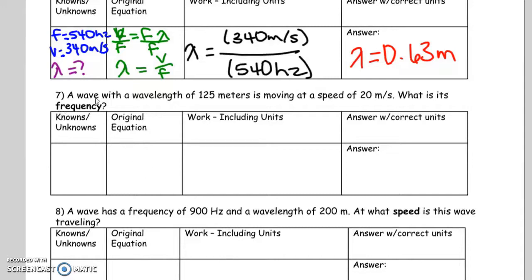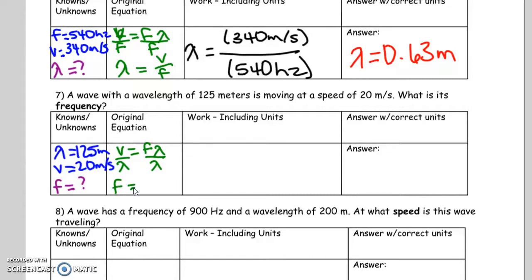It's really important. Question number 7 says a wave with a wavelength of 125 meters, so wavelength equals 125 meters, is moving at a speed of 20 meters per second. What is its frequency? So we are looking for frequency here. Velocity equals frequency times wavelength. Divide both sides by wavelength.